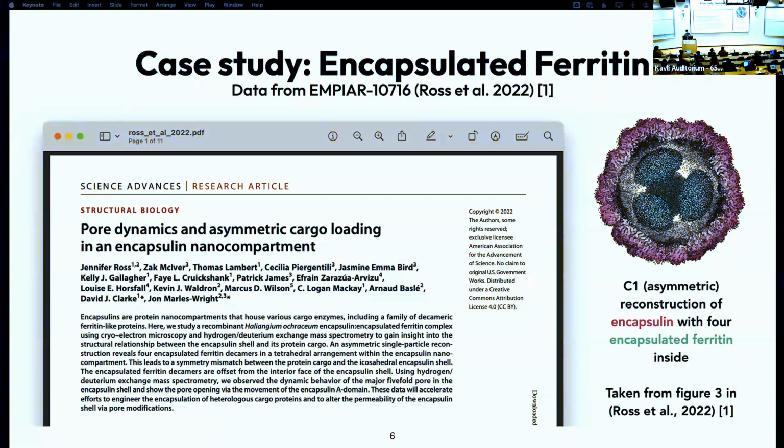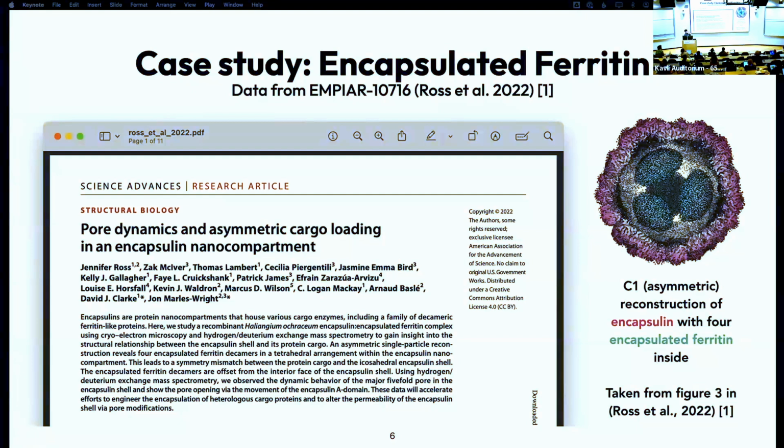And in this paper, they present a 2.2 angstrom resolution structure of encapsulin and a lower resolution structure of the encapsulated ferritin that's inside. And so a screen cap of the density is shown here on the right side. The density here is colored radially. So encapsulin is shown in magenta, and it's located along the outside. And the 4 copies of encapsulated ferritin are teal, and they're located inside the structure.